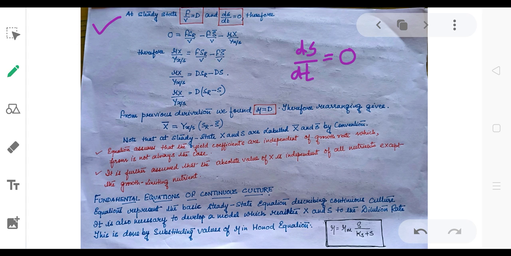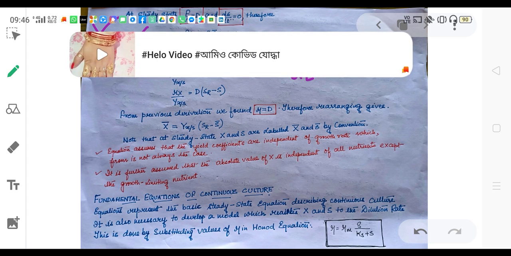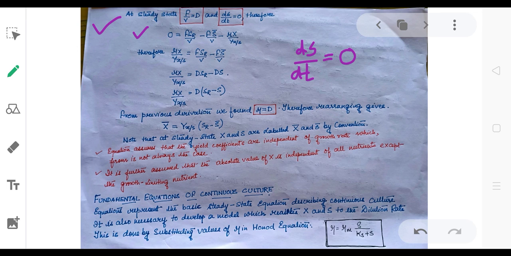If you put the value 0 in the previous equation and simplify, you bring μx/Yx/s to one side. So it becomes μx/Yx/s is equal to F·SR/V minus F·S/V.